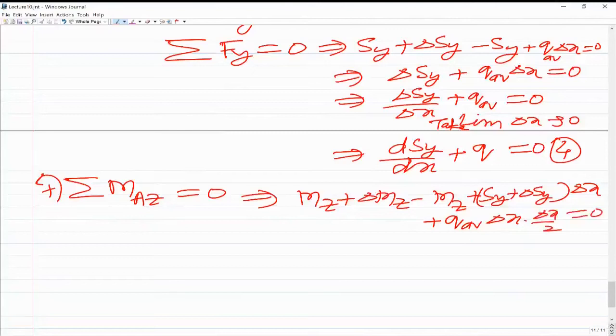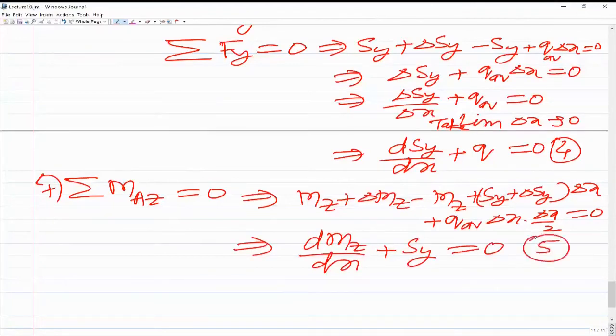This last expression actually is an assumption that q is constant throughout that element, equal to q average. Then in a similar logic, divide the whole thing by delta x, and then take the limit delta x going to 0. So you will get dMz by dx plus Sy equal to 0. So this will be the equation number, say, 5.